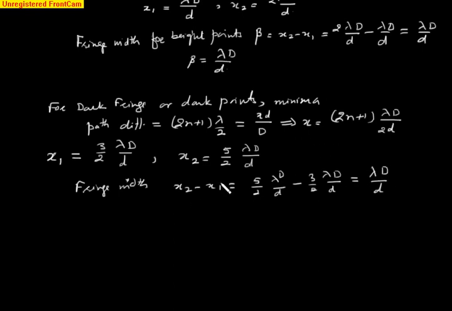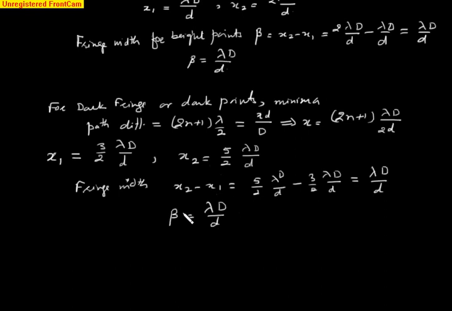It means the fringe width, beta, in this case is lambda D over small d, and the fringe width for bright fringes and for dark fringes is the same.